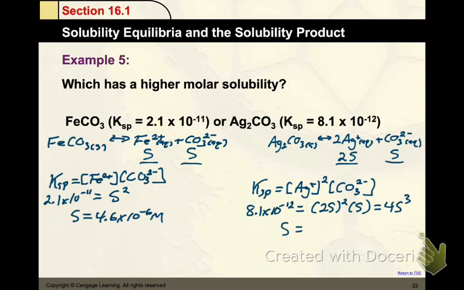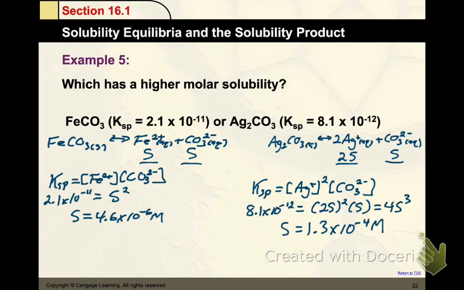So solving for s here, I'm going to put in my calculator 8.1 times 10 to the minus 12 divided by 4, and then take the cube root of that, or raise that to the 1/3 power. So I end up with a solubility of this of 1.3 times 10 to the minus 4 molar.